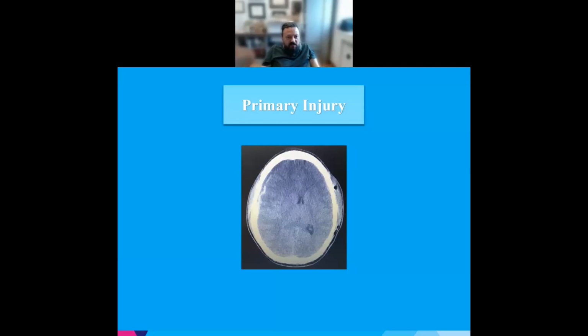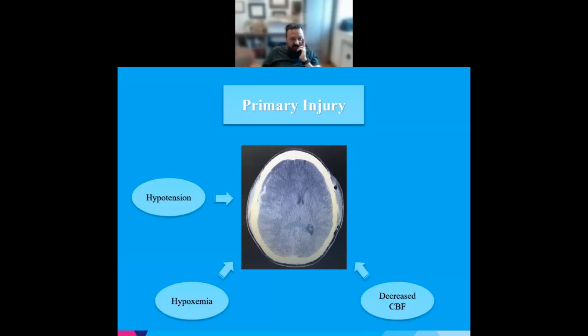So, the reason why it's very important to both assess these patients and escalate as quickly as possible is because, in most cases, what we're trying to avoid is, most of these patients have some sort of primary injury, whether that's a TBI or a stroke or an ICH or some form of initial injury to either their brain or spine.